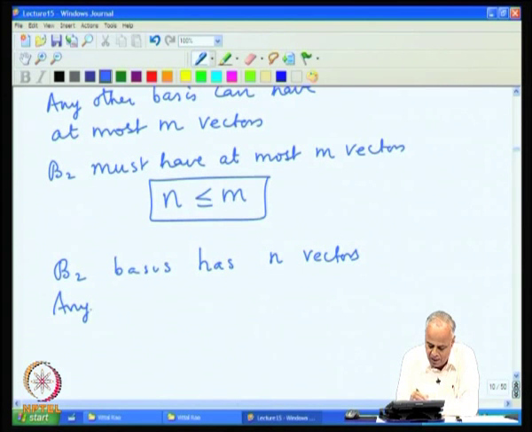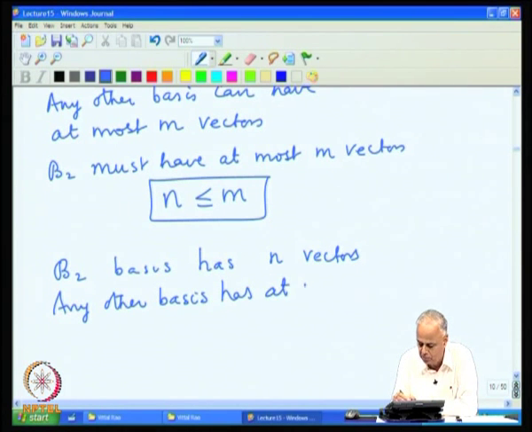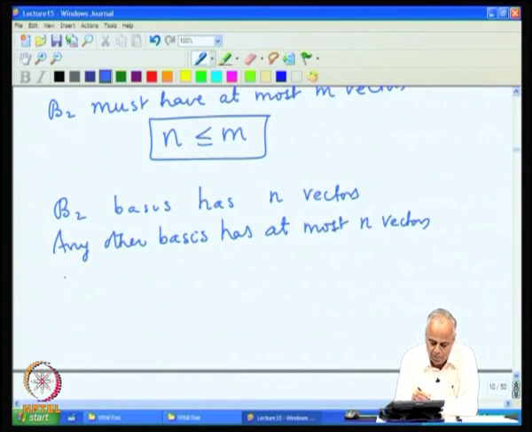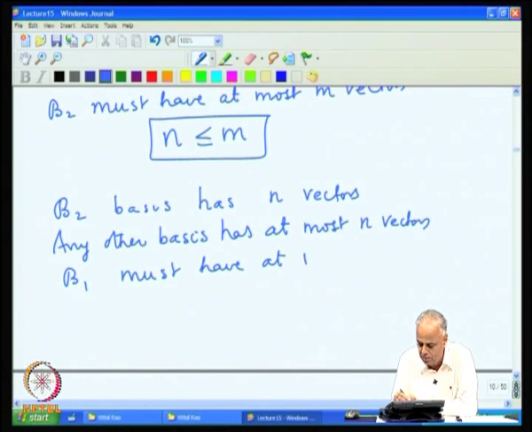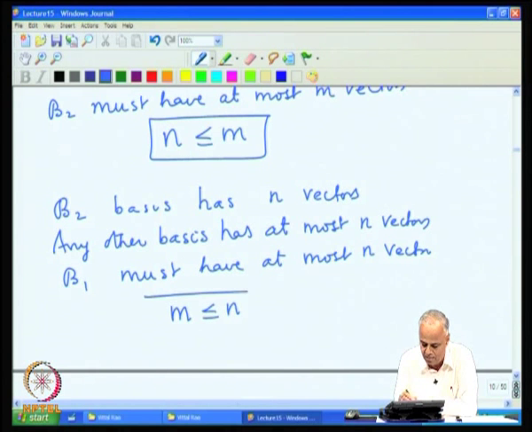Therefore, any other basis has at most n vectors, and if that is so, B1 must have at most n vectors. That means m must be less than or equal to n.